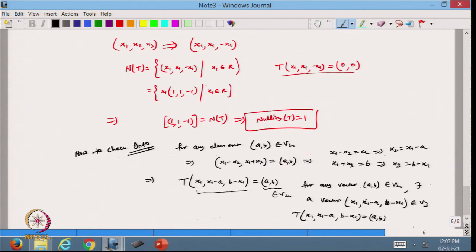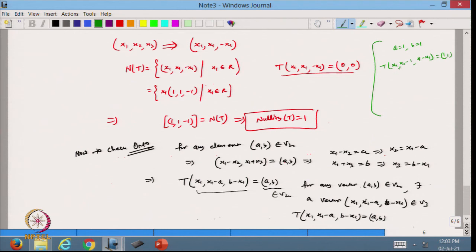Now, you can choose any element from here. For example, say I take a is equal to 1 and b is equal to 1. So, in this case, (x1, x1 minus 1, 1 minus x1) will go to (1, 1).